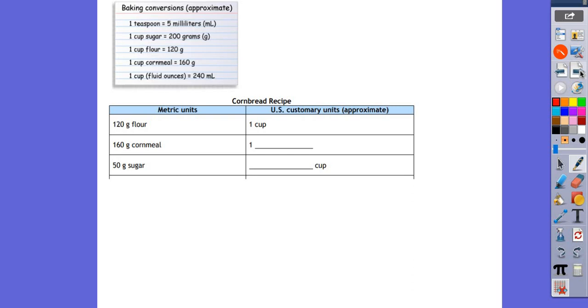Looking at my conversions up there, what does it equal? 160 grams of cornmeal equals 1 cup. That was easy. There was no work to do. I just used my brain.